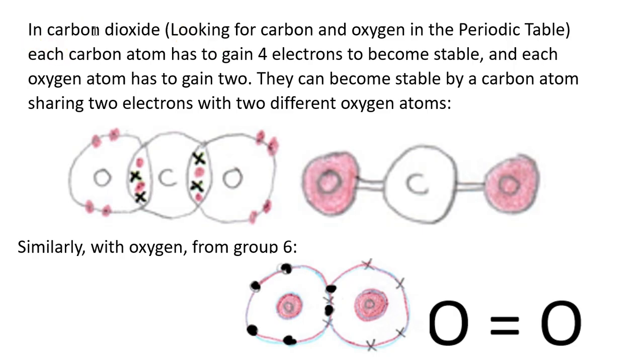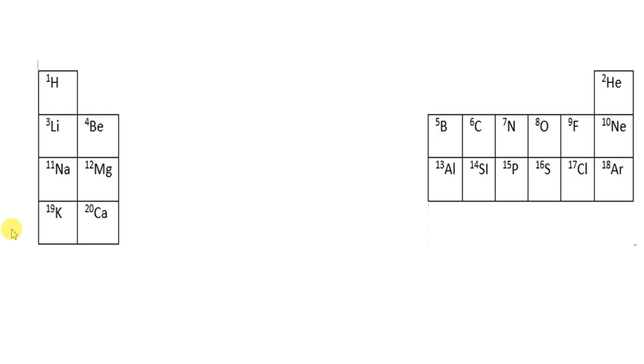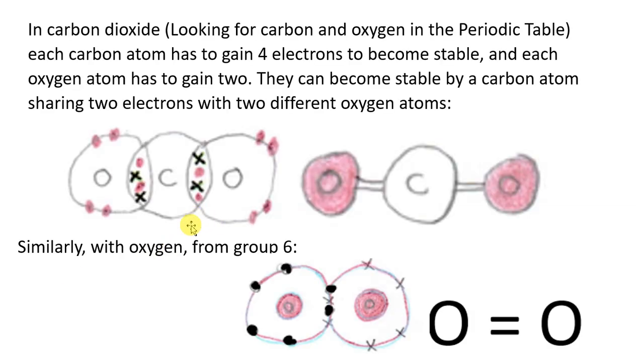Carbon dioxide, CO2. Carbon is in group 4, oxygen is in group 6. Lithium 1, beryllium 2, carbon is in group 4. Keep counting: nitrogen 5, oxygen 6. And my carbon there, group 4, has 4 outer electrons drawn in black.